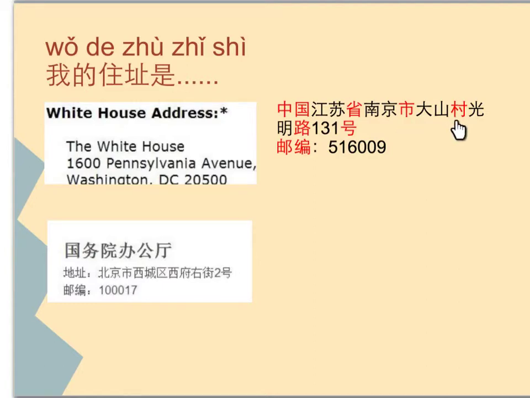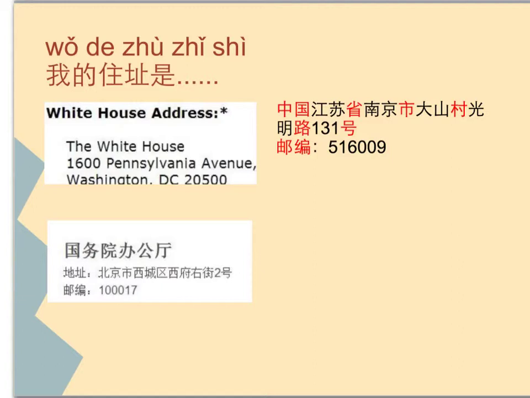And cun is a smaller place than city. And lu is definitely smaller than the city or village. So you can see the rule is from big place to small place. It's very obvious. And in the end, it's the same as a United States address. People put 邮编, postcode.